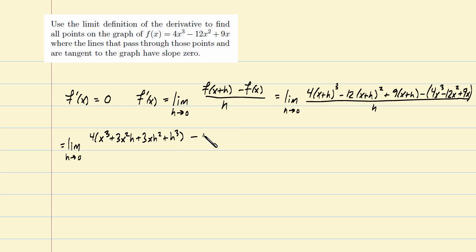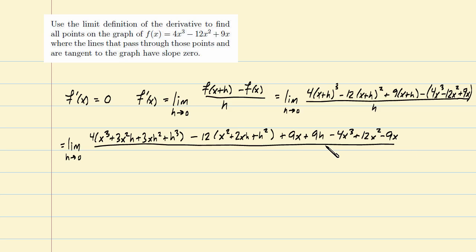Minus 12 times a perfect square here, so that's x squared plus 2xh plus h squared, plus distributing the 9 there, plus 9x plus 9h, and then distributing this negative, we have negative 4x cubed plus 12x squared and minus 9x, all of that over h.